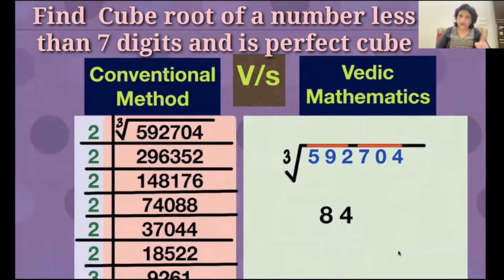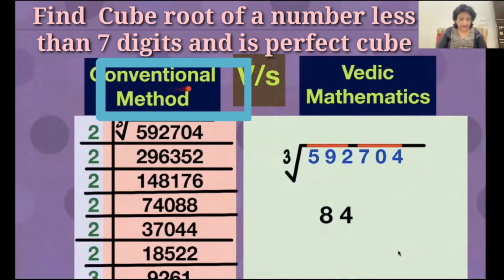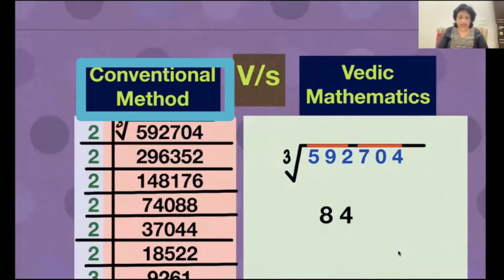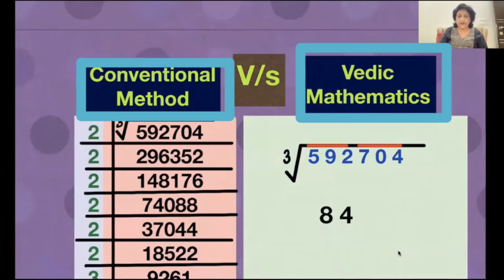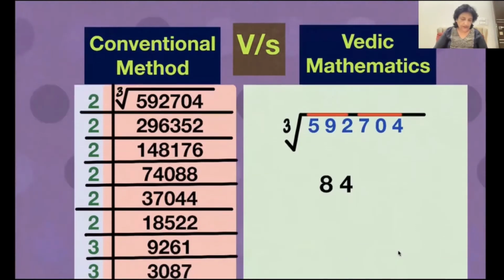Now, I want you to compare the conventional method of finding the cube root of a number, for the perfect cubes we are taking in this video, and the Vedic mathematics method. Just compare. When we use the conventional method, it is going to be this long.